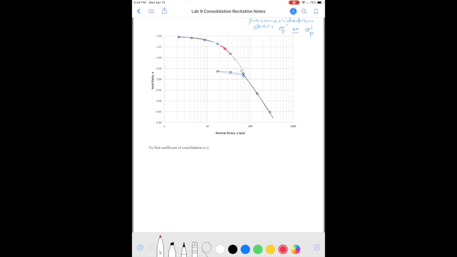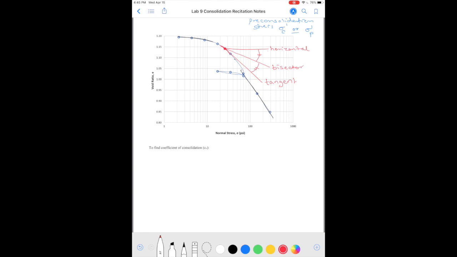So I'm going to pick this point as the point of maximum curvature and draw a horizontal. And then we are going to draw a tangent, and then draw a bisector such that this angle is the same as that angle.